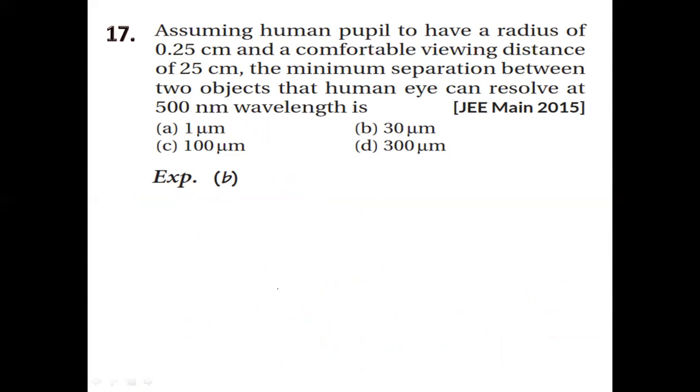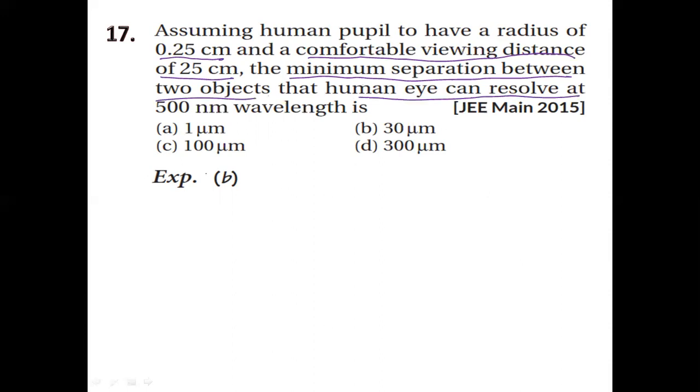Okay. See the next question. Assuming the human pupil to have a radius of 0.25 centimeter and a comfortable viewing distance, that is the least distance of distinct vision, find the minimum separation between two objects that the human eye can resolve.